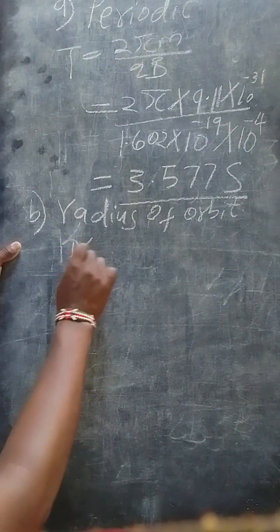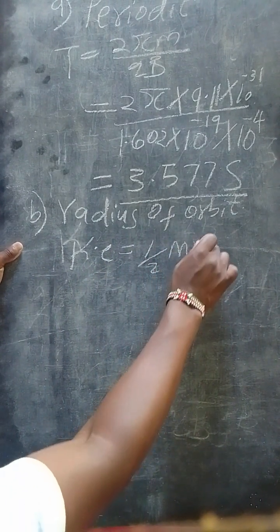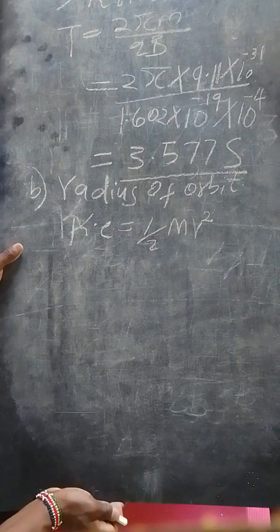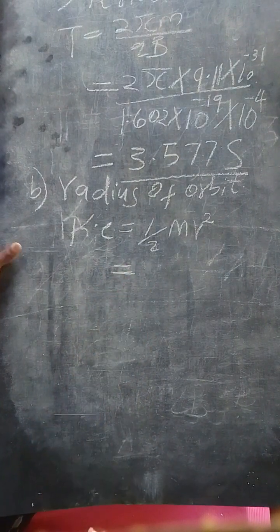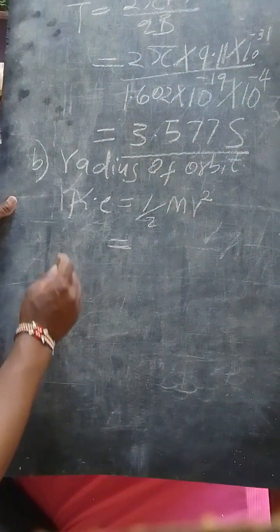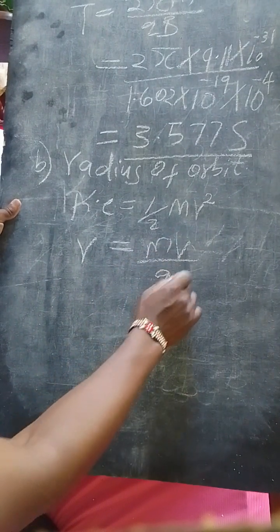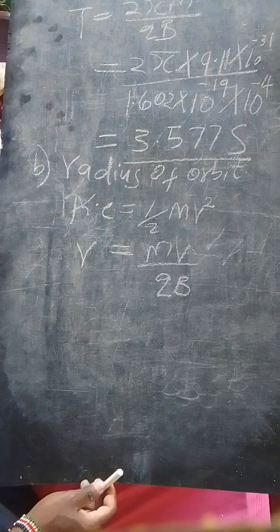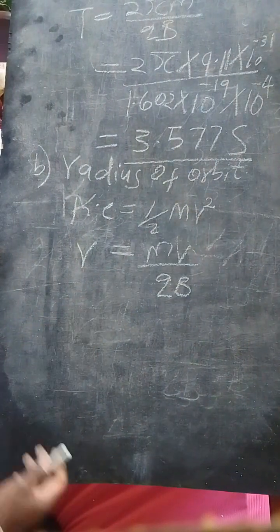So kinetic energy we know is given by half mv squared, and now we are calculating the radius, and the radius we say is simply equal to mv over qB. Now we will calculate first of all the velocity for such a particle, and we know the other parameters. So that's why I started with this one.